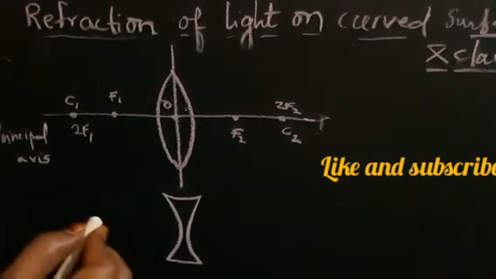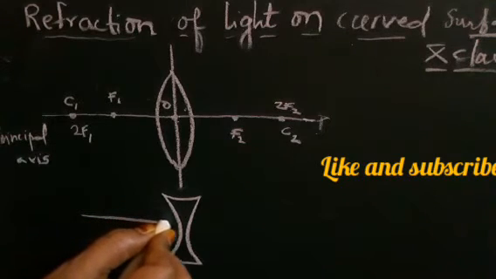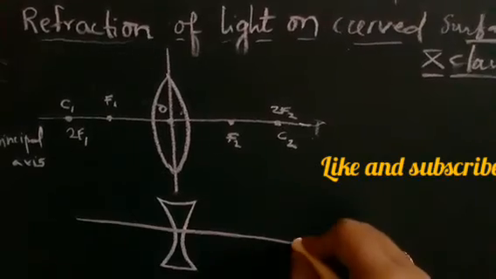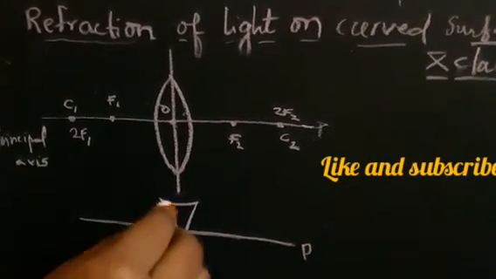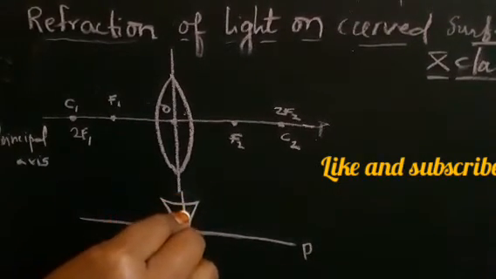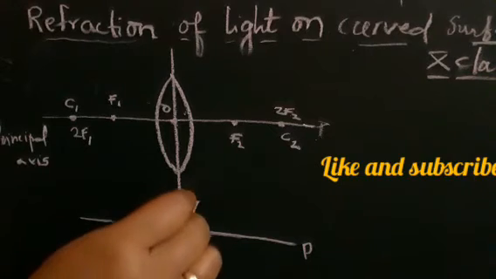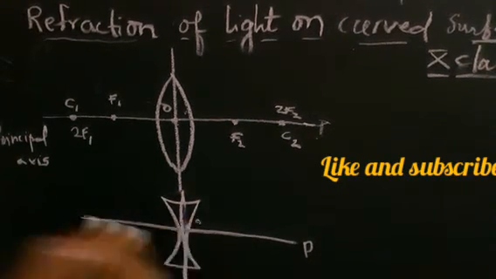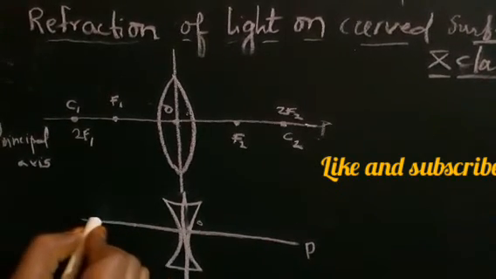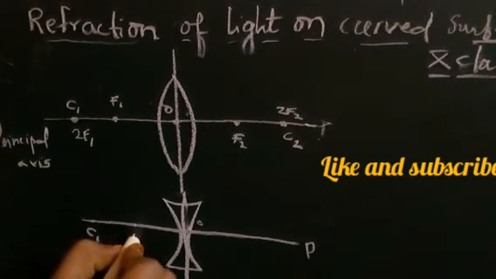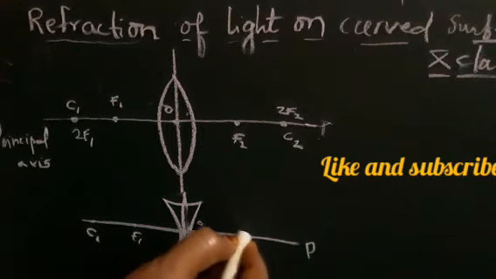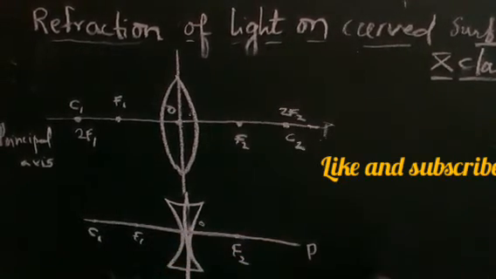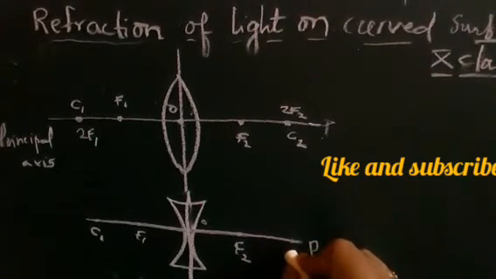Then we have the principal axis passing through the center of your lens, and this is your optic center, this is your C1, F1, F2, C2.